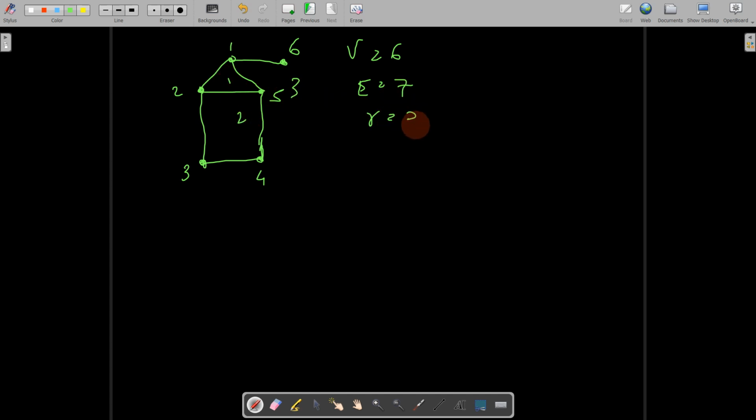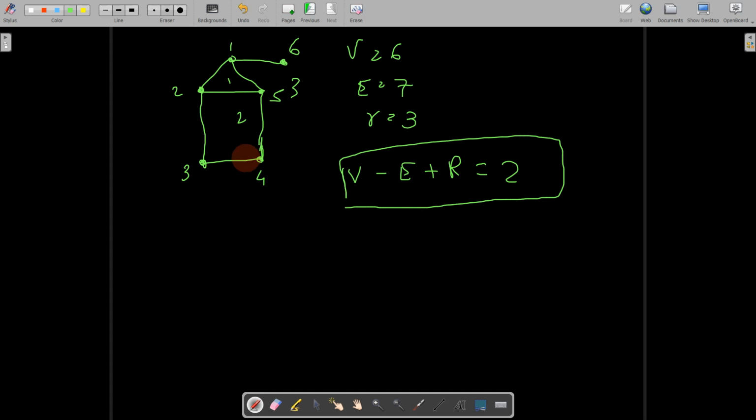Regions are 3. Okay. Now what I will do is join one edge, and we will assume that for this graph Euler's formula V minus E plus R equals 2 holds true. Then we will introduce one extra edge to increase the number of regions. So from 3, the regions have become 4.